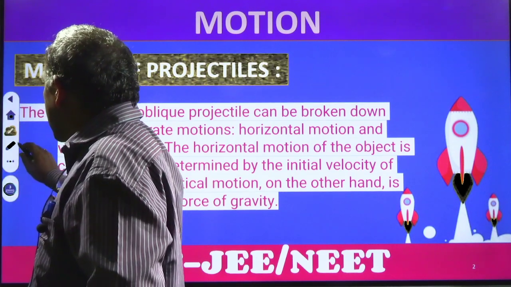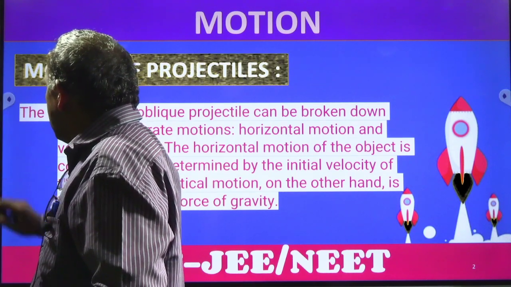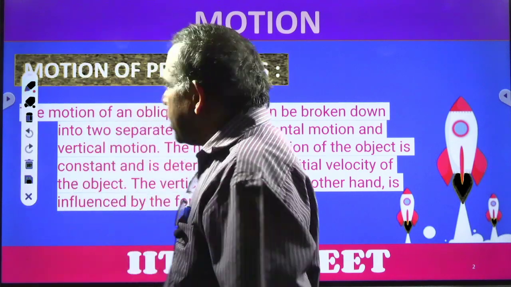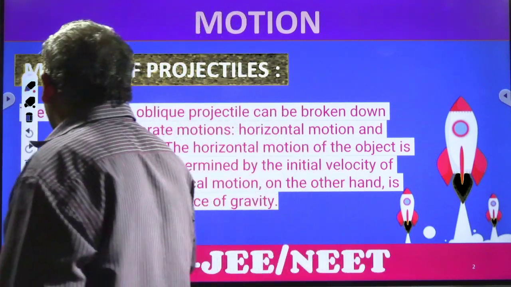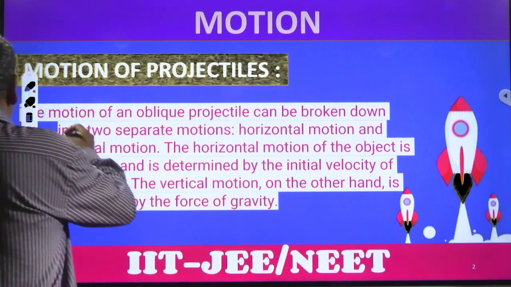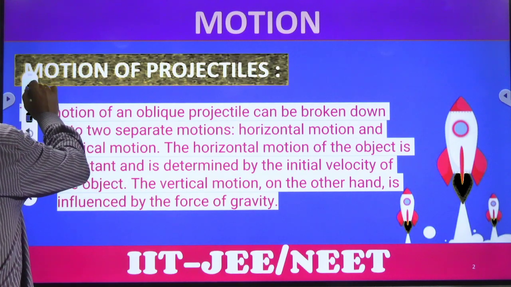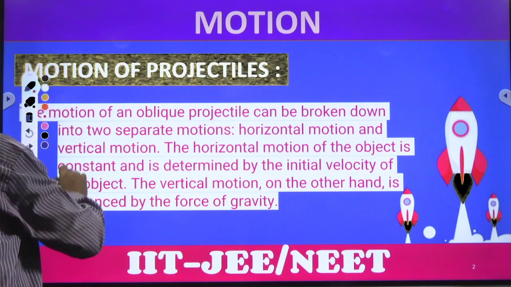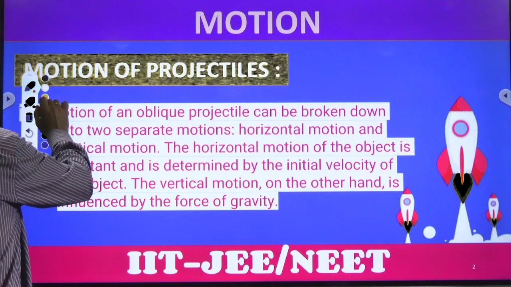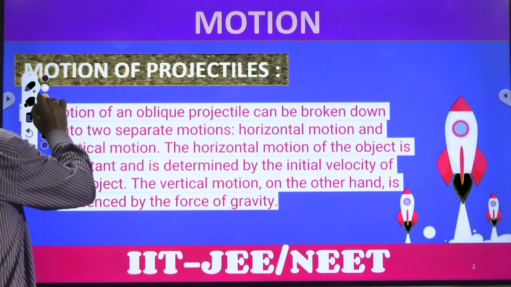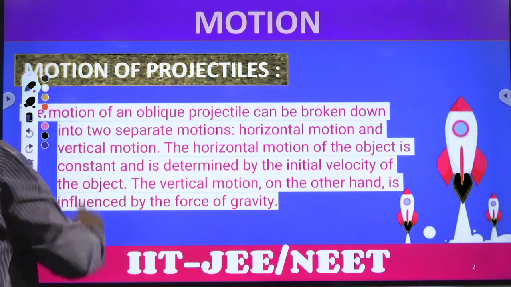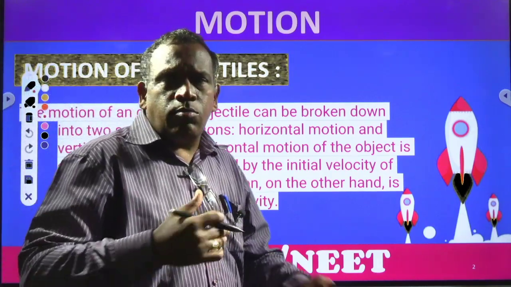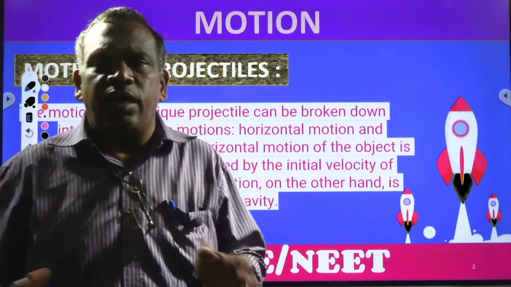In the projectile there are two different motions: horizontal motion along the x-axis and along the y-axis.